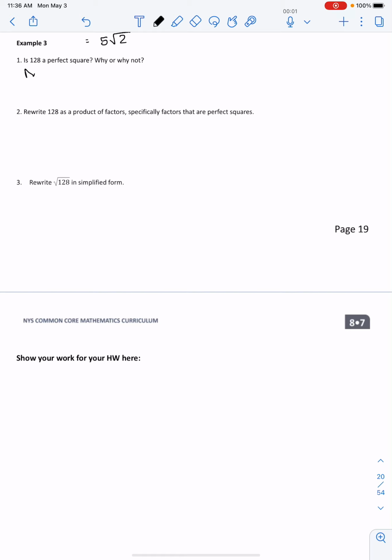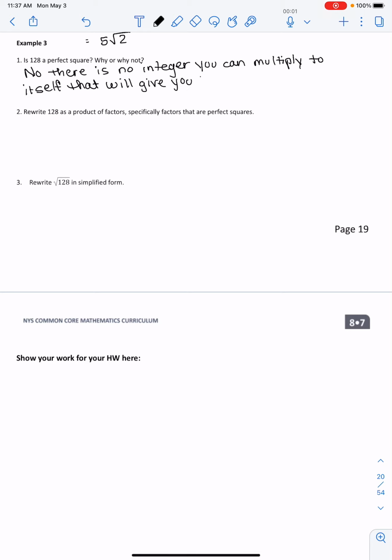No. There is no integer you can multiply to itself that will give you 128.